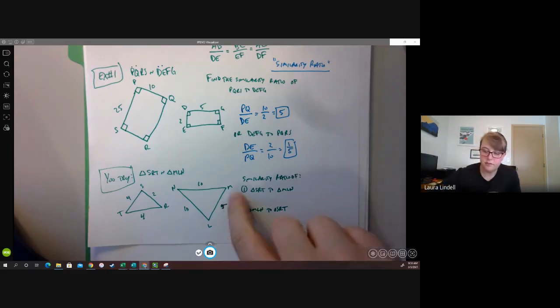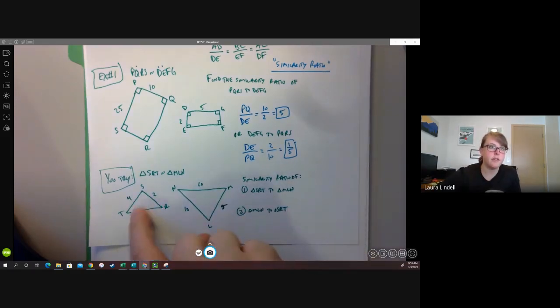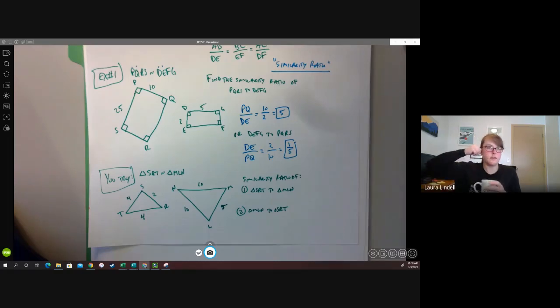Sorry, I know this side doesn't quite look like half of this one, and this definitely doesn't look like half of these, but go based off of the numbers and the letters, not what it looks like for this one. And it's okay to get fractions here.